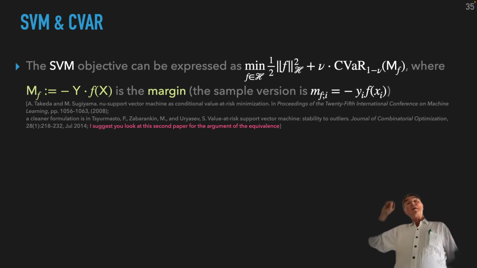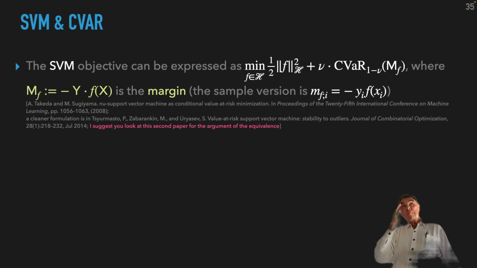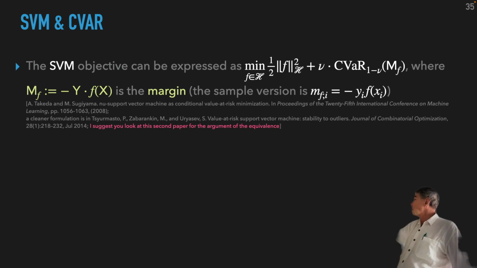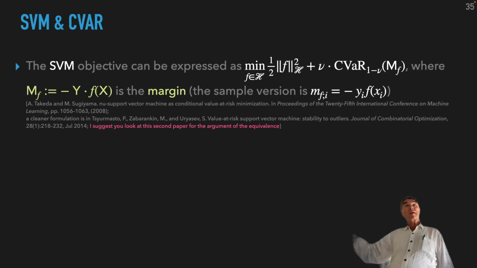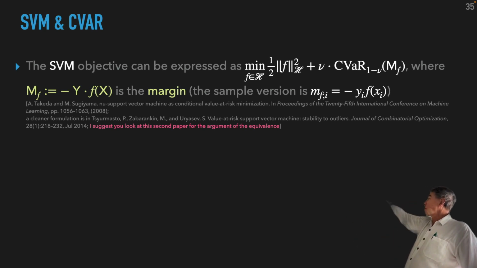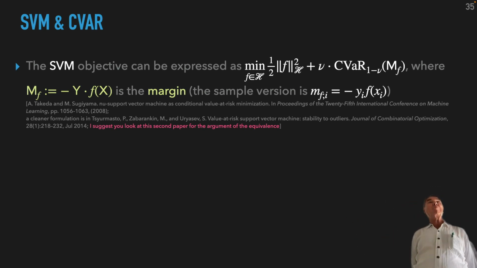Anyway, there's a parameterization of the SVM called the nu parameterization, the Greek letter nu, and that nu basically controls the fraction of your data points that are support vectors. It ends up that it just pops up here in terms of this CVaR parameter.